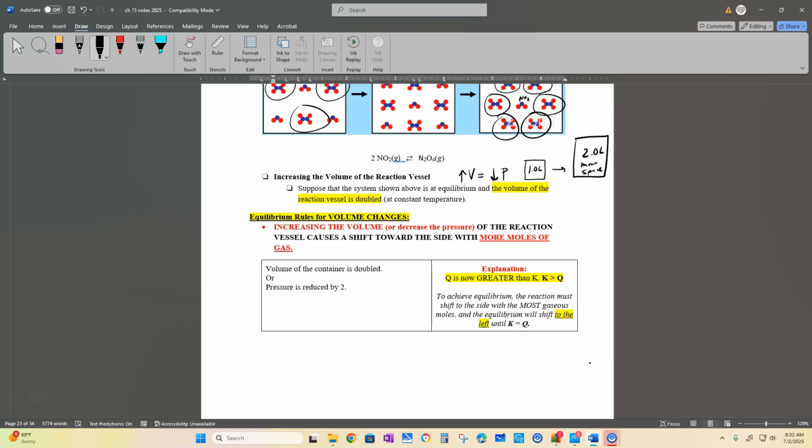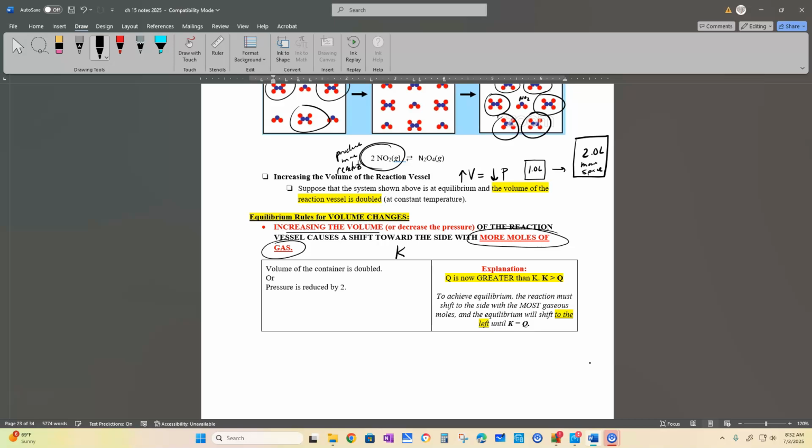So according to equilibrium, it will shift with increasing volume or decreased pressure to the side with the most gaseous moles. And which side is the most gaseous moles? Well, that's my reactant side, okay? So I'm actually going to produce more reactants.